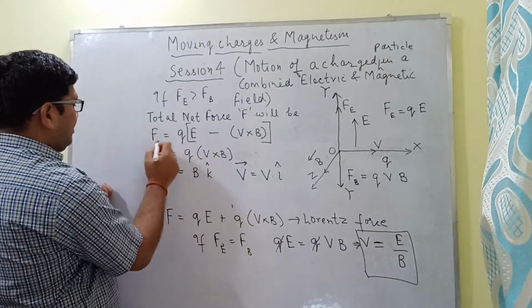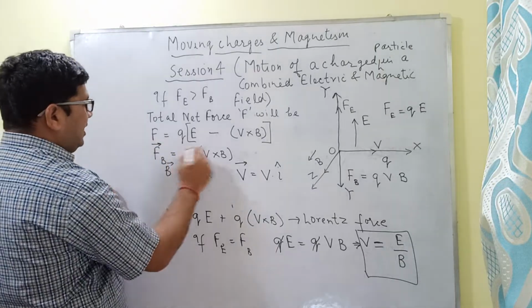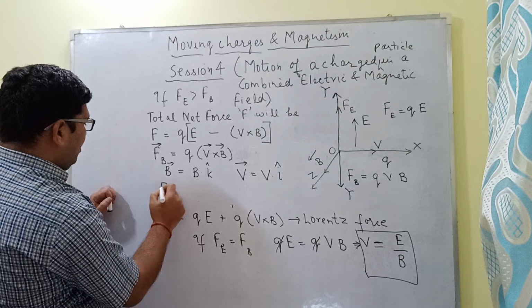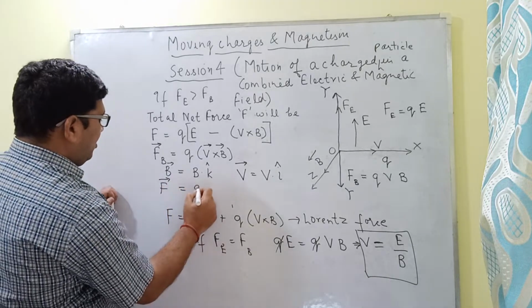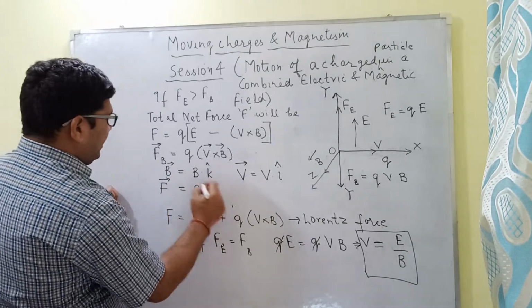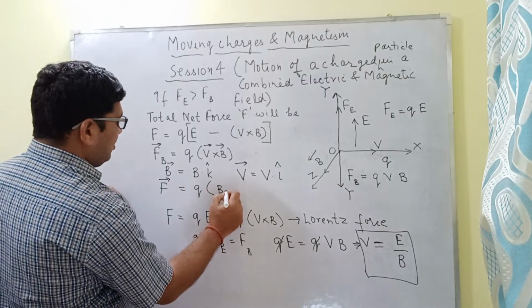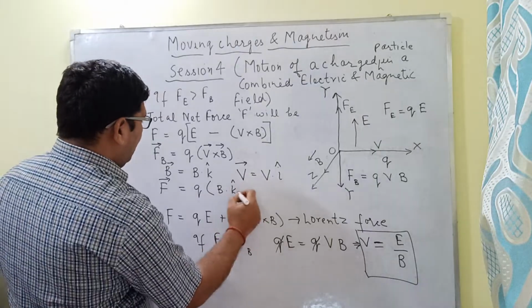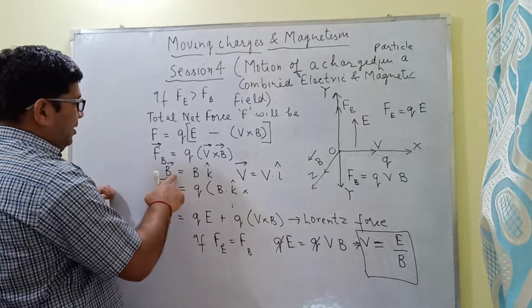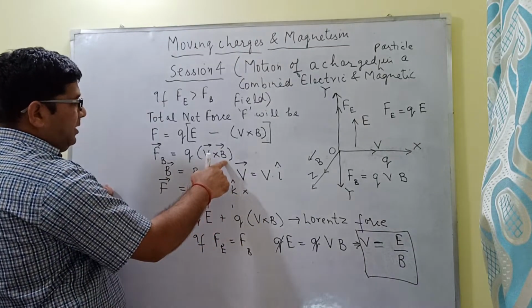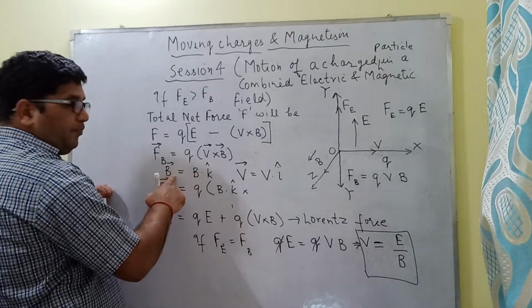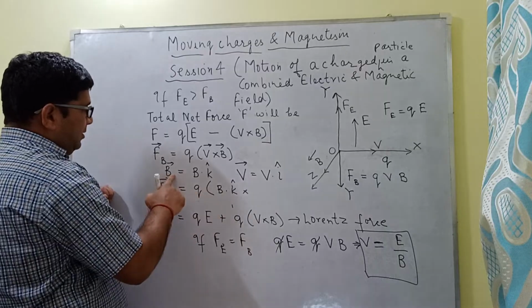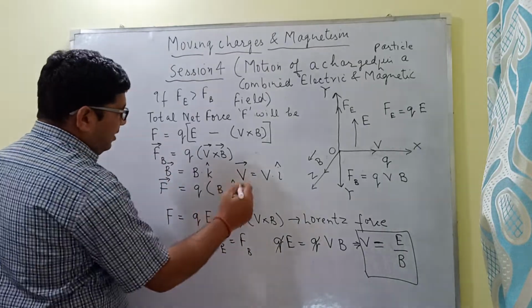So FB जो है, अगर हम इसकी बात करें in the vector form can be written as like this, ठीक है? तो अगर हम इसको FB को I can write it down as B into, I have just written down the value of this magnetic field here, and V का क्या हो जाएगा?